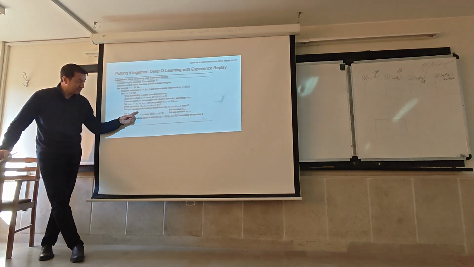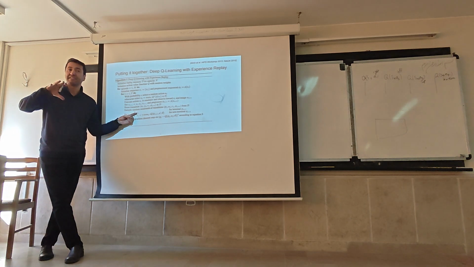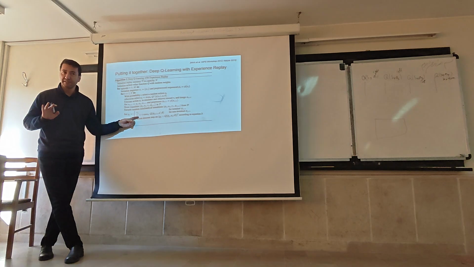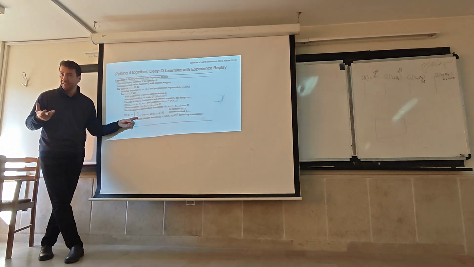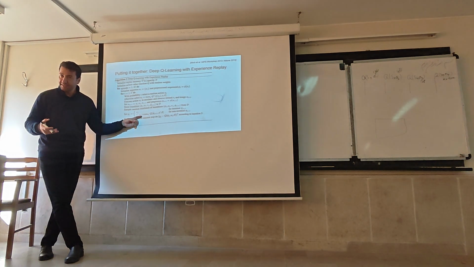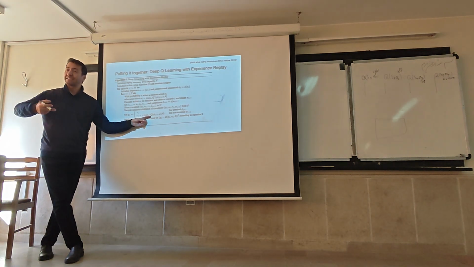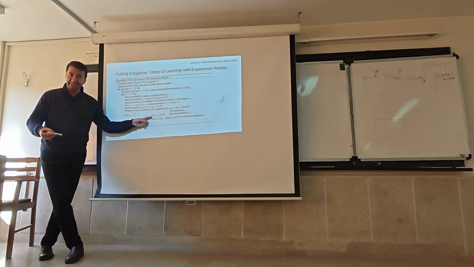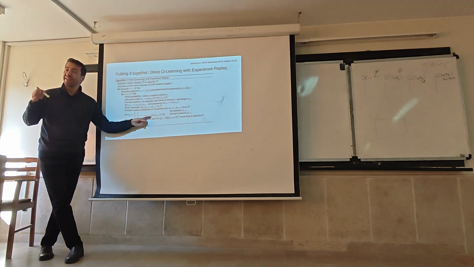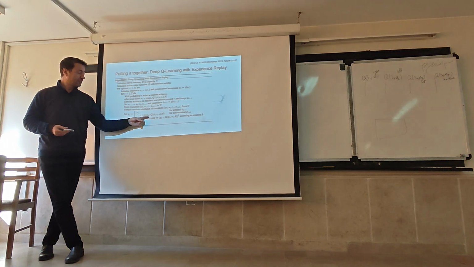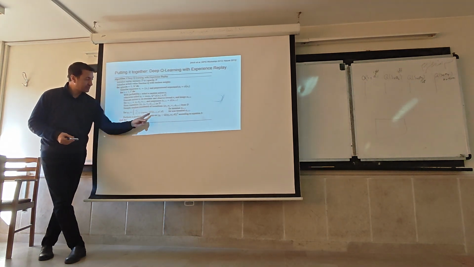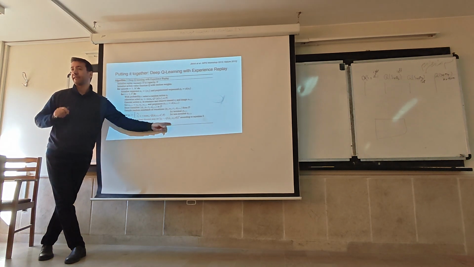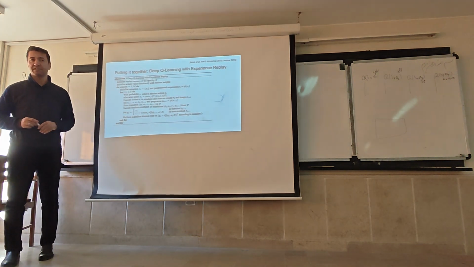So, reward, and if the next state is the destination, that's enough. If the next state is not the destination, reward plus the maximum, the best action we may choose in the next state, and we take Q with that value. Now we subtract this from Q of s and a. Exactly the same as we wrote in the example.